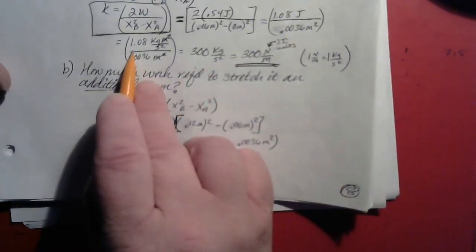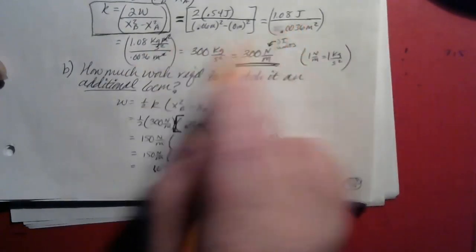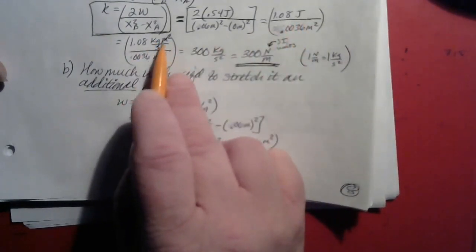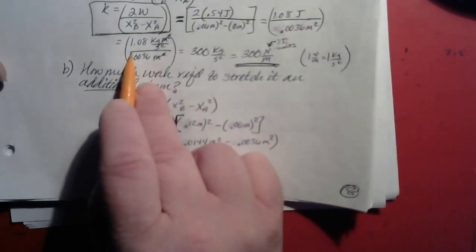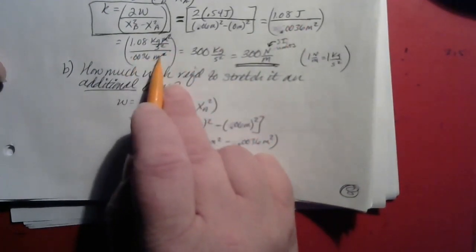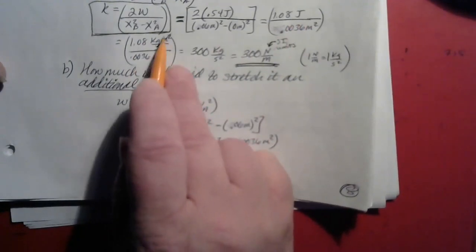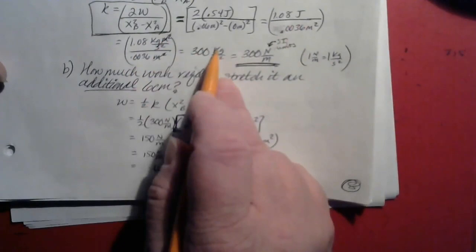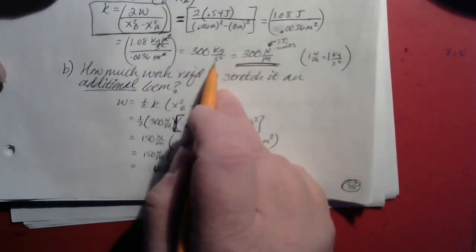And if you look at the units, a joule is a kilogram meter squared per second squared. So 1.08 kilograms meter squared per second squared over 0.0036 meters squared means that the meters squared cancel, and you get 300 kilograms per second squared.